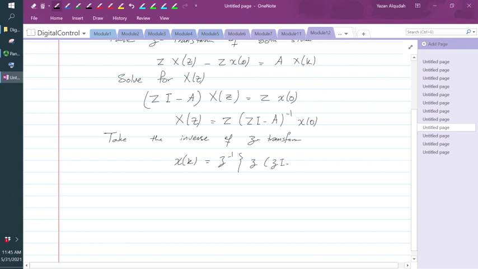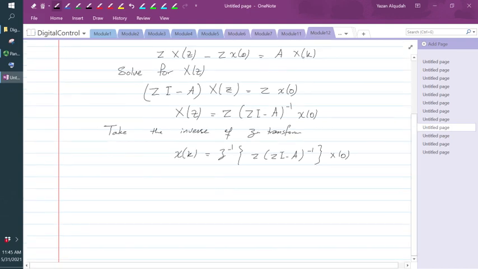Again, you see I'm not consistent; I wrote z and I wrote it differently already. But we have already shown that for u of k equal to 0, when k is greater than 0, x of k is equal to phi of k multiplied by x of 0.